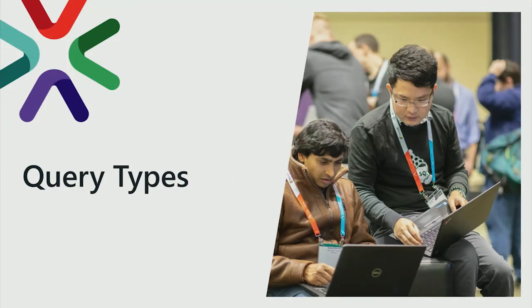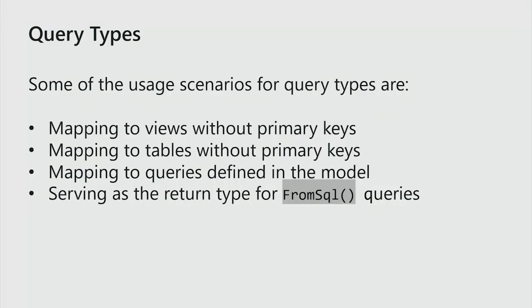Okay, query types. Query types are this functionality that now I can use Entity Framework Core to work on views without primary keys, tables without primary keys, queries defined in the model.